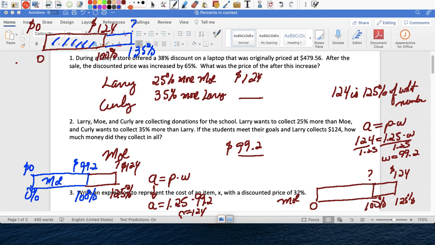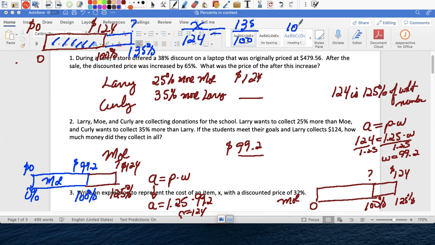All right, so this one we can set up a proportion just to be different. That's 100. The percent is 135%. Our base is 124. And our part is what we're trying to find out, so this is going to be x.